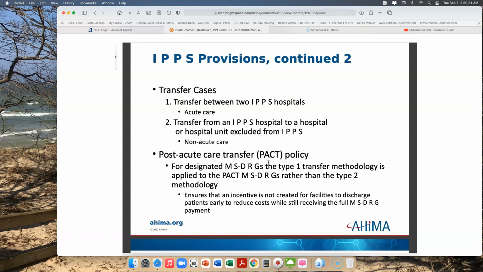There's also a post-acute care transfer policy or PACT for designated MSDRGs. The type 1 transfer methodology is applied rather than the type 2. That ensures an incentive is not created for facilities to discharge patients early to reduce costs while still receiving the full MSDRG payment. And you'll see this in your book as you read through the chapter.